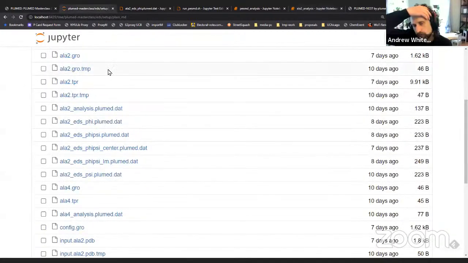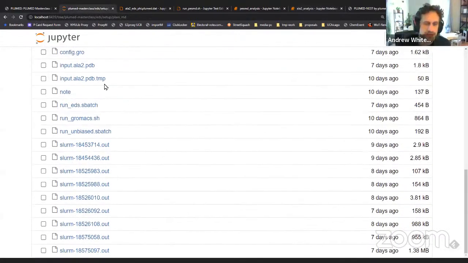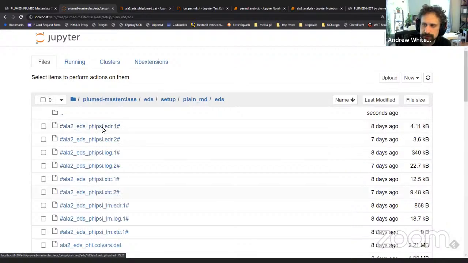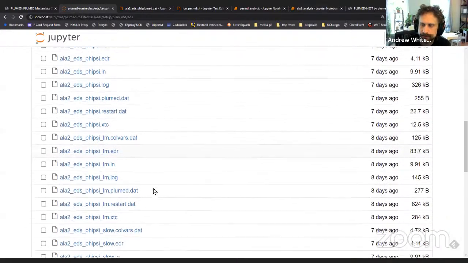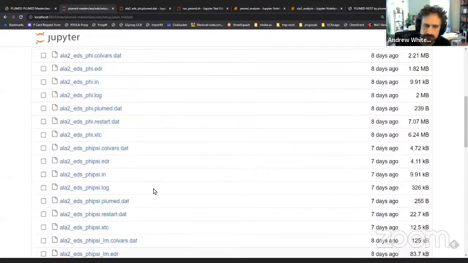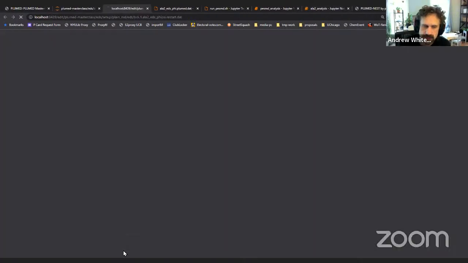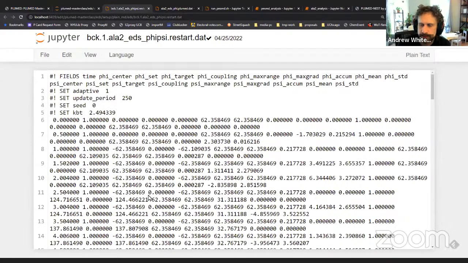And one thing that can happen in these systems that are in vacuum is that EDS adds energy to the system when it's finding the bias. So it's some kind of non-equilibrium. Over time, the learning rate stops changing, and so over time, it will asymptotically look like an equilibrium calculation. But if you do a system that's in vacuum, you can have some real bad problems with the thermostat.